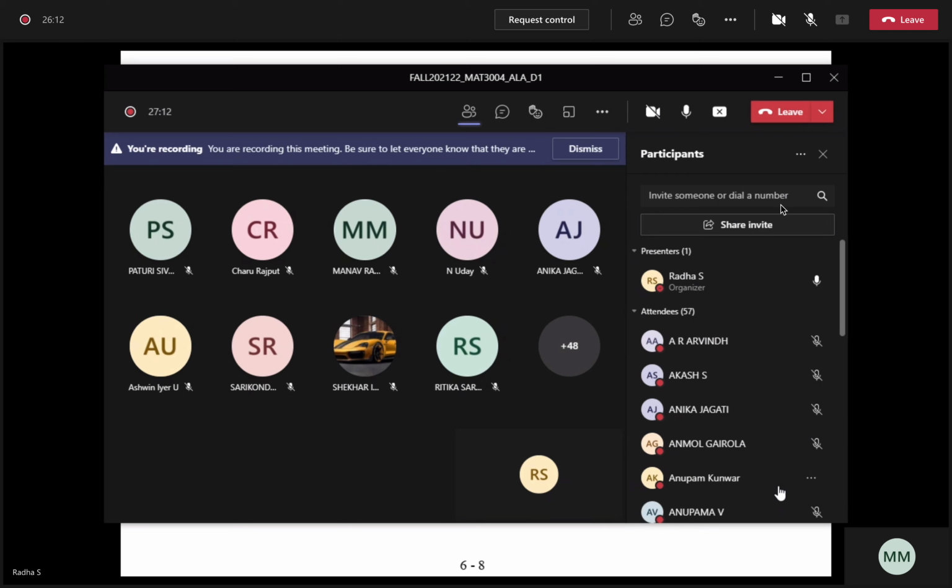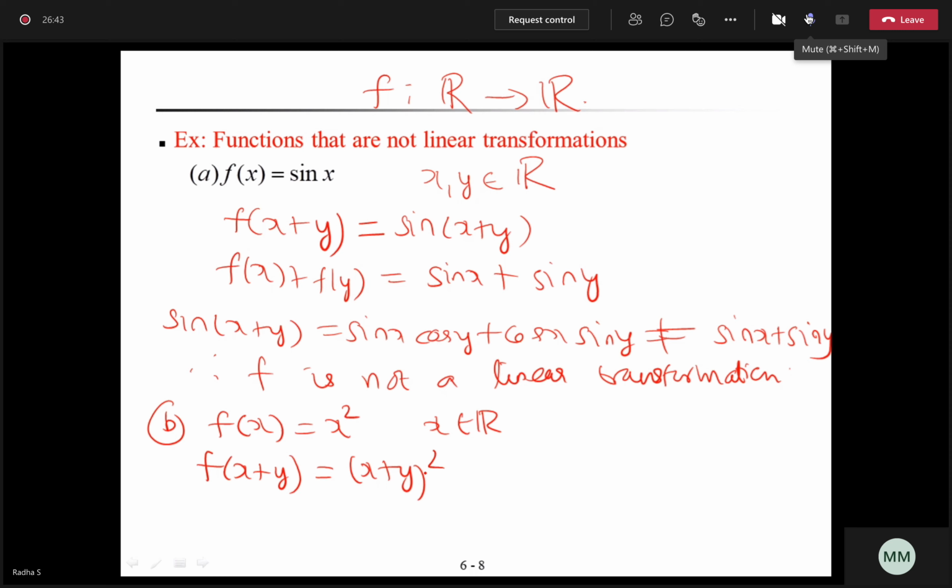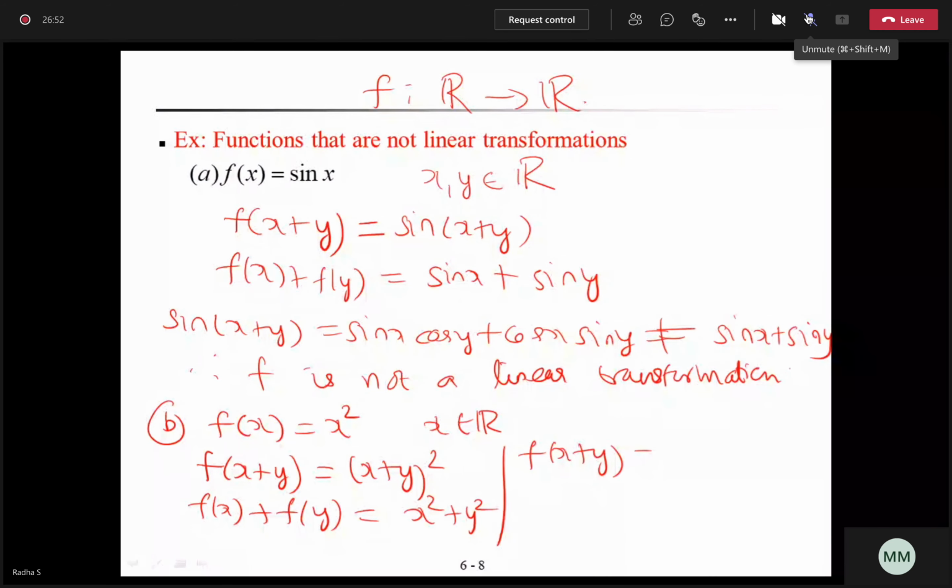And that is not equal to f of x plus f of y, which is x square plus y square. So f of x plus y, which is x plus y the whole square, is never equal to x square plus y square, which is f of x plus f of y. So f is not a linear transformation.